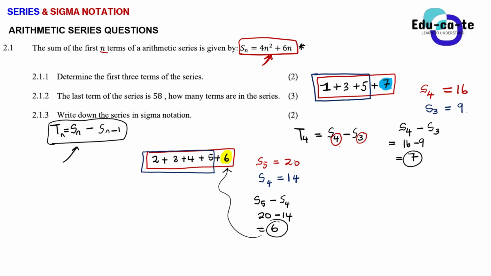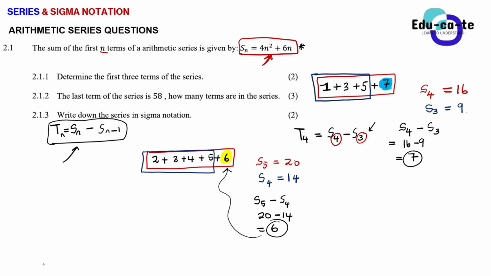Right. So now, what is the relationship between 4 and 3 in this way? What's the relationship between 4 and 3? Okay, let's just say it's minus 1. For us to get 3, we need to say 4 minus 1, right?